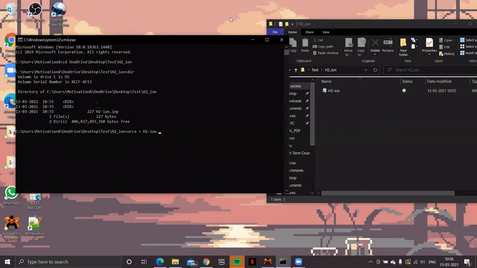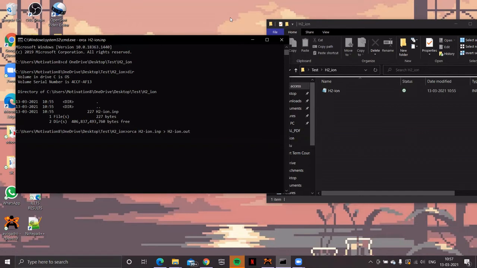Oh, I made a mistake. After ORCA, we have to give the input file name. So H2-ion.inp, then a space, and then greater than sign, then a space, and then the output file name. Let's name this with the same name, but extension .out.